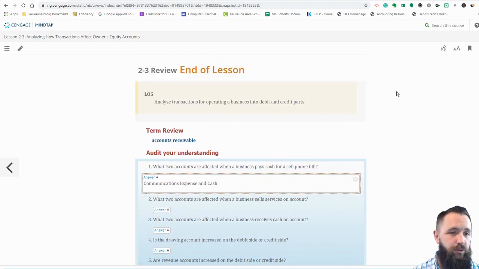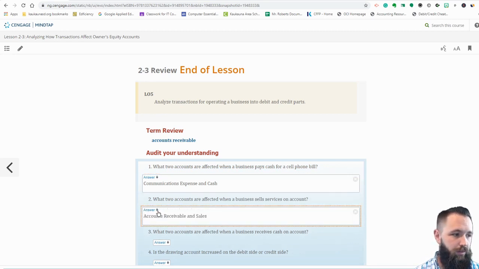As you continue doing some of the problems, which we're about to do in a second, it's also important to be able to come in here and say, okay, what two accounts are affected when a business sells services on account? And hopefully you can say sales and accounts receivable, and that's going to pop up here because you've taken that test now. You've taken the chapter 1 test. You want to be able to make sure that you're not just doing the problem.